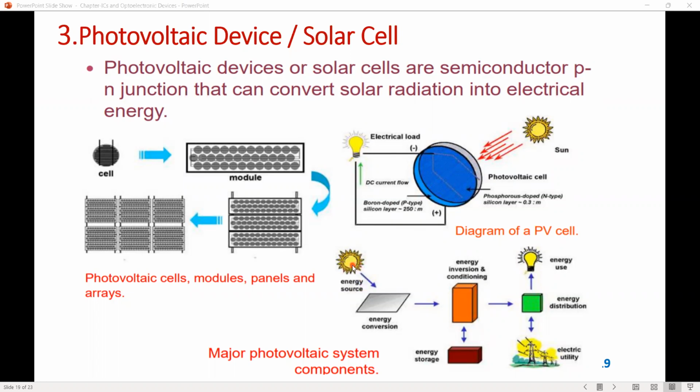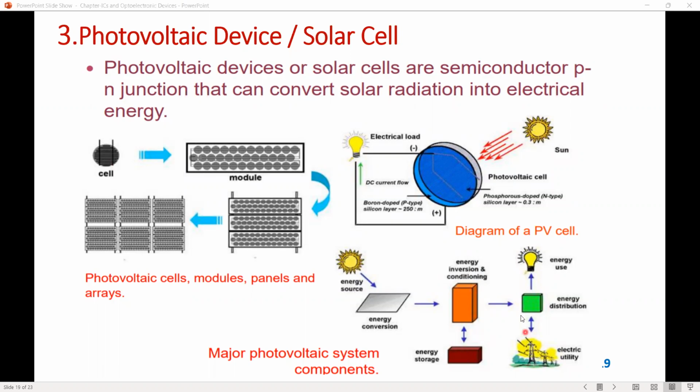The energy source is the sunlight, which is falling on the cells, and here we have energy conversion. This energy is converted from light energy to electrical energy by means of these photovoltaic cells. Then we have energy inversion and conditioning, so that we can store it. For energy storage, we can use a battery.